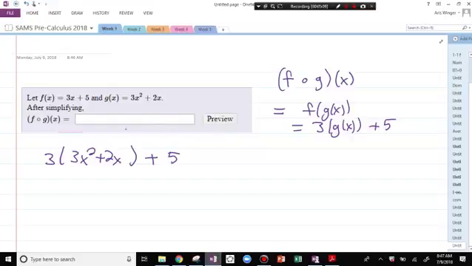And then g happens to be this function, right? Can't go wrong if you write 9x squared plus 6x plus 15. I'm tripping. Plus 5. The 3 does not distribute. Questions there?